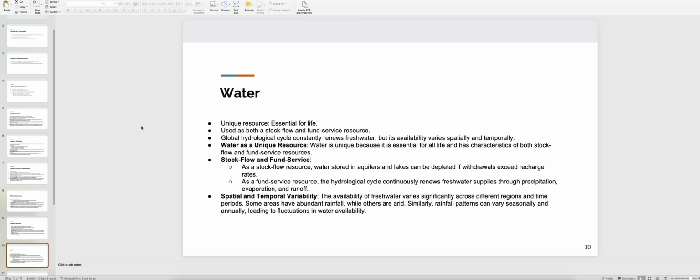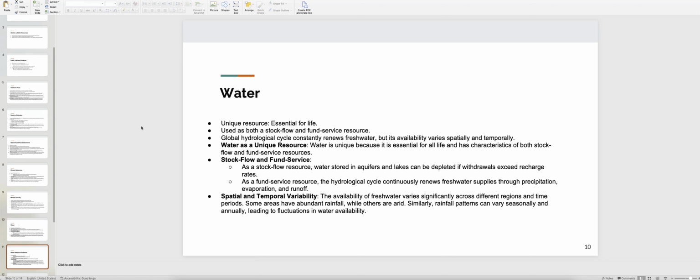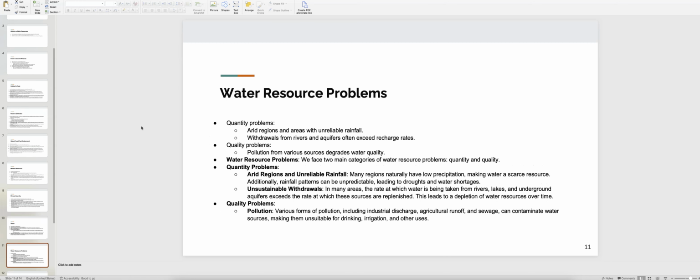And what happens is that we have to manage the use of that resource in the dry season to carry us over to the rainy season. And then we have to worry about how much rain we get in the rainy season to make sure that we have enough to get us through those other time periods.